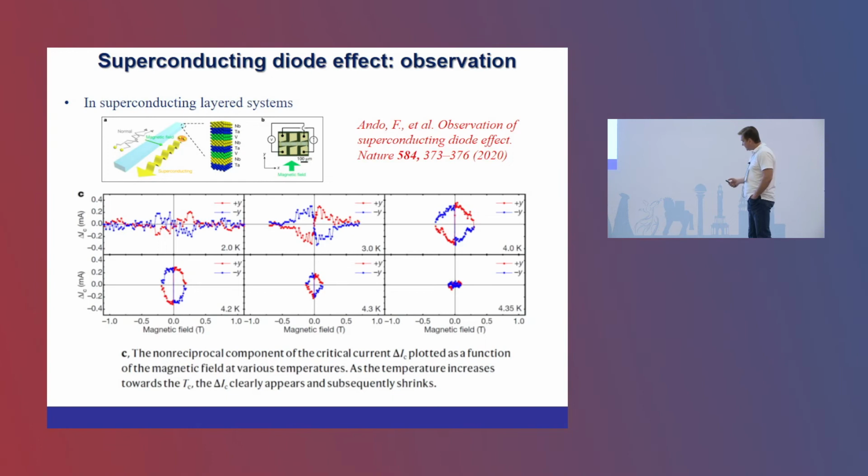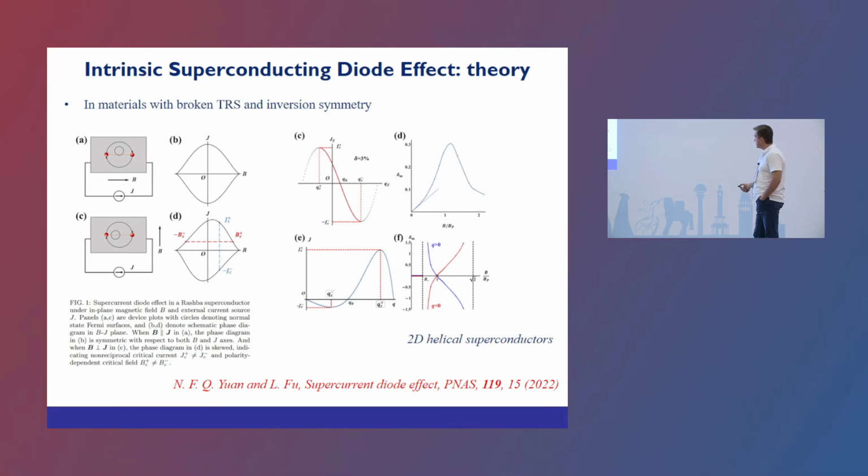Actually, the diode effect was first observed very recently by Andrey and co-authors in layered systems. So they really discovered this current non-reciprocity. It was then later theoretically proven with these materials with broken time reversal and inversion symmetry.